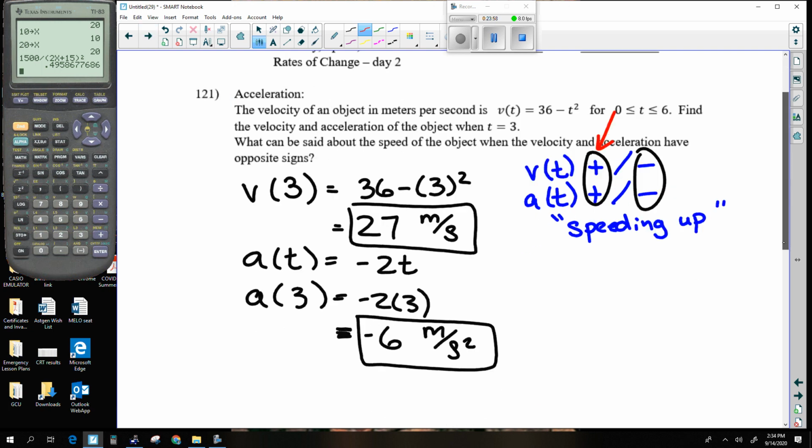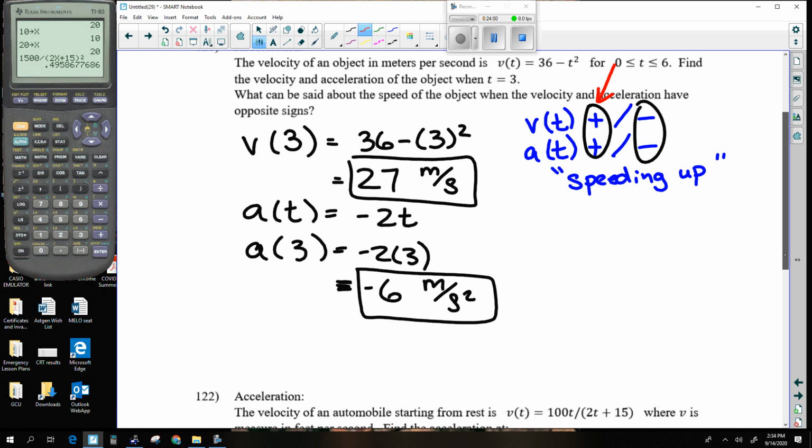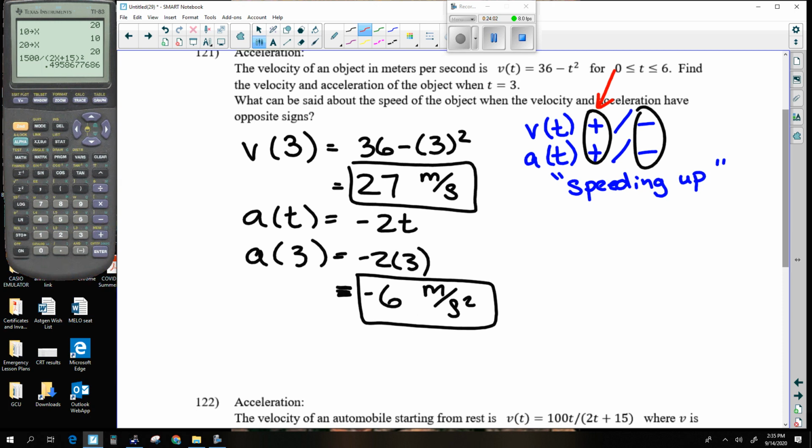Oh shoot! So we're supposed to find the velocity and acceleration. For instance, at t equal to 3, right here, we didn't really come to a conclusion. You notice that the velocity is positive 27 meters per second, yet the acceleration is negative 6 meters per second squared.